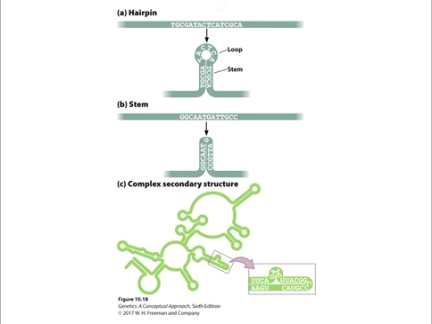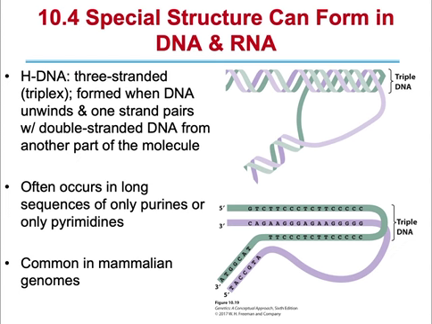When the complementary sequences are contiguous, we form the stem with no loop, and when they're not, we form a loop with a stem. Okay? Secondary structures are critical in functions of a lot of RNA molecules, as we'll see a little bit later. Okay? So the hairpin is just the secondary structure formed when sequences of nucleotide in the same strand are complementary and can pair with each other. Okay? It basically can buckle up.